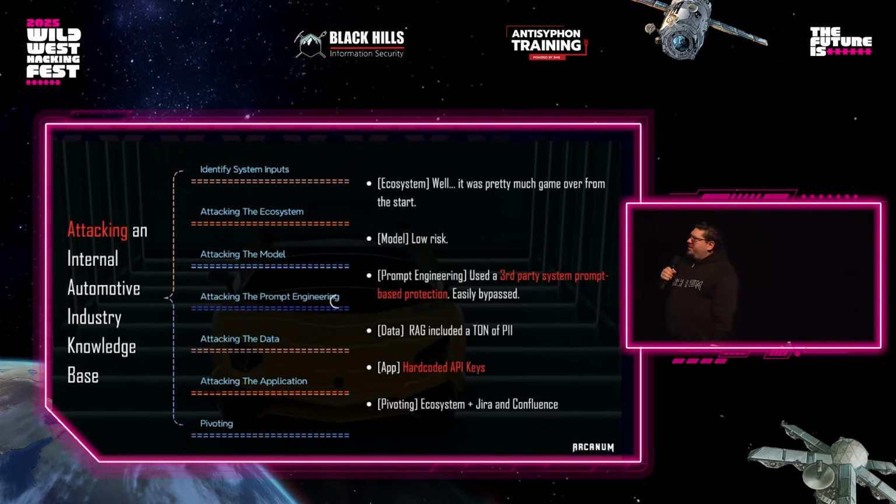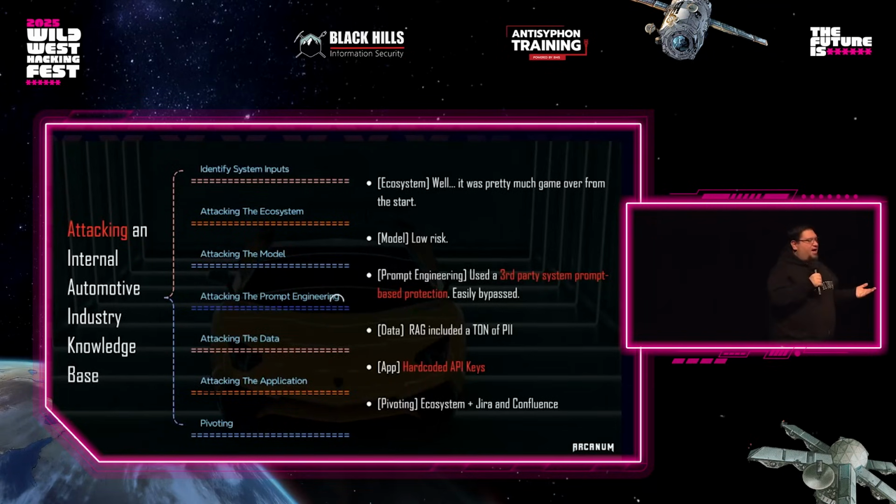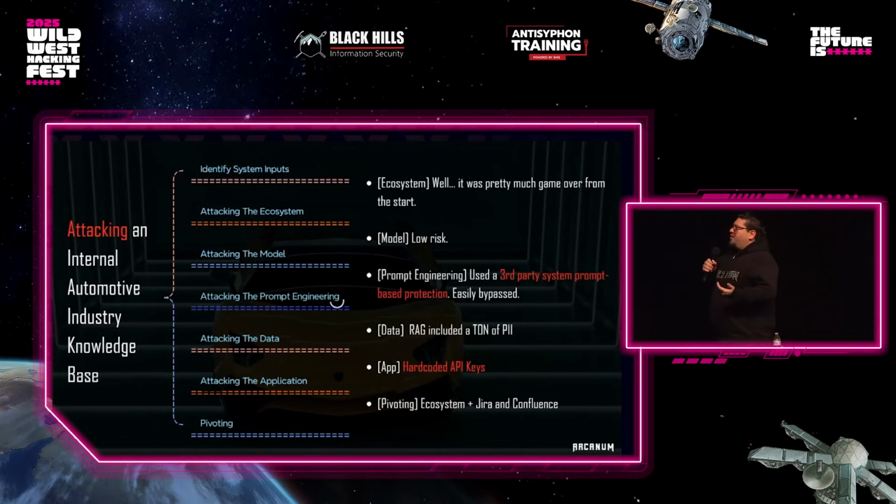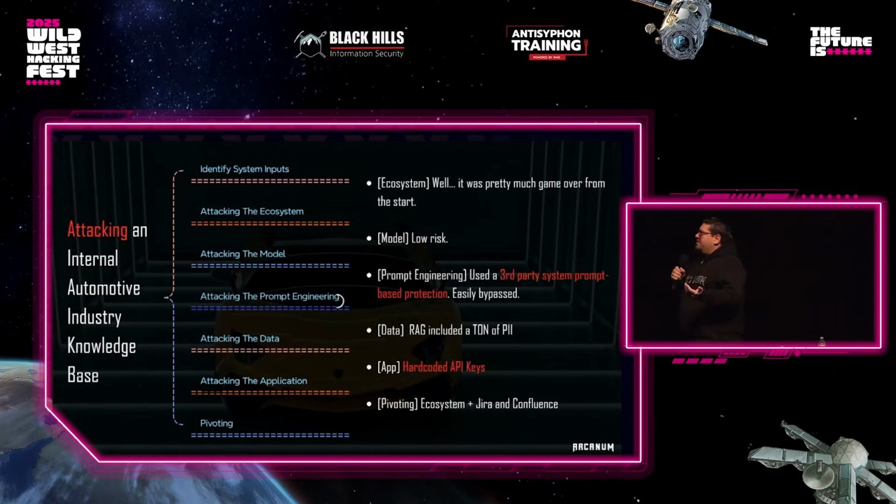And so in the early days of building AI agents, sometimes you would put the URL for the API and the API key inside of the system prompt for the AI. So what we did is we leaked the system prompt and immediately got a Jira and Confluence API key out of it. Which was pretty much game over from there, because having full read and write access to Jira and Confluence on an internal organization is pretty bad.